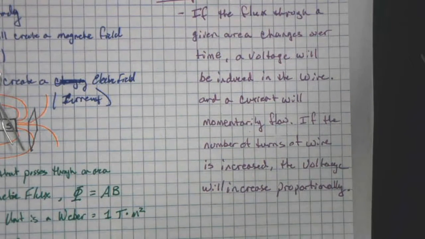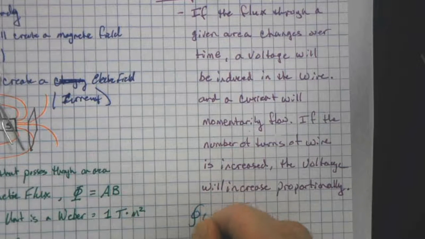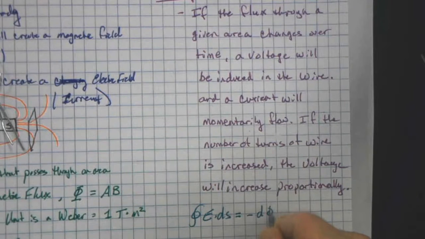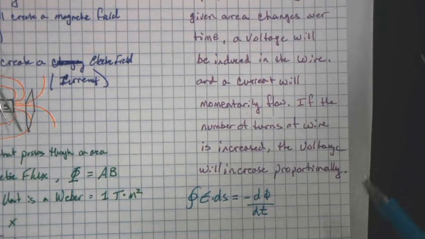Now, if you look over there to the AP wall on the right, you'll see where it says Faraday's law, and you got a whole bunch of fancy stuff. It's called an integral sign.